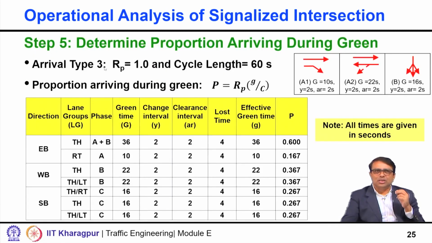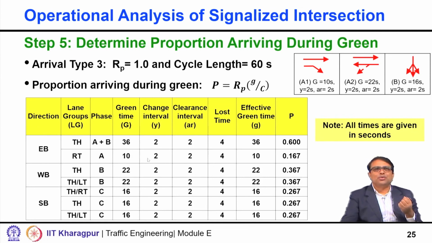Now, the last slide here is the determination of the proportion of vehicles arriving during green. This will be required subsequently for our calculation of control delay. We know the platoon ratio; let us take arrival type as 3 and platoon ratio as 1. The cycle length is already given as 60 seconds in this example problem.